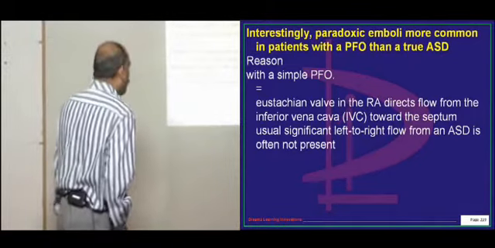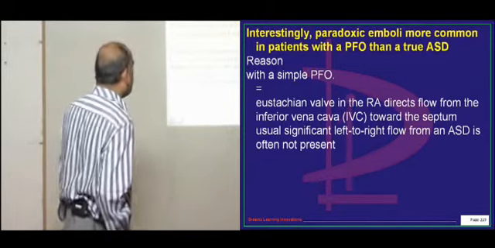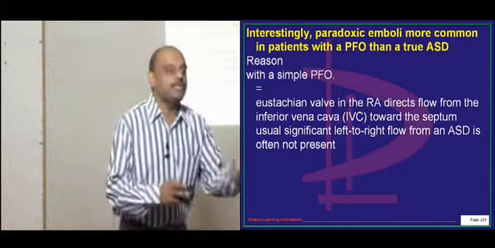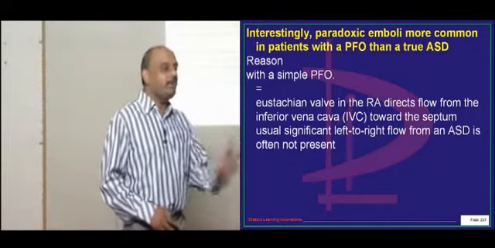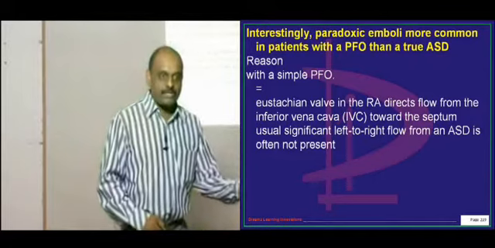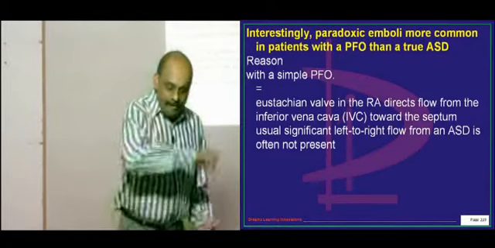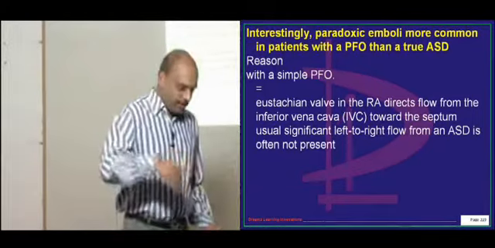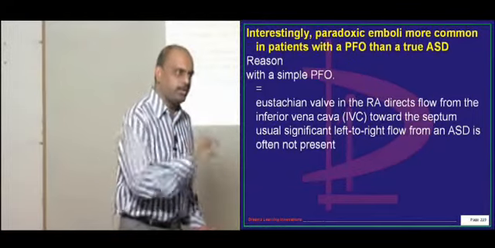There is a moderately loud systolic ejection murmur. What is the reason for it? Same principle as what happens in anemia. In anemia, what happens? There is a decreased viscosity of the blood, and that will make the circulation of the blood faster. So the amount of the blood which is passing through the left ventricle into the aortic root is increasing.